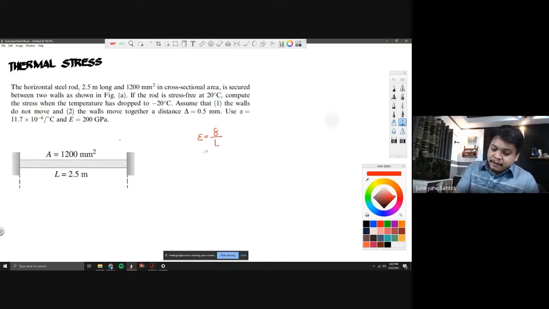Kapag temperature ang pinag-uusapan, if we are speaking for the temperature, meron tayong tinatawag na alpha and then delta T. Okay? So, this alpha is called the coefficient of thermal expansion. Okay?